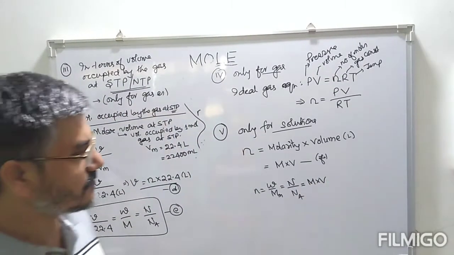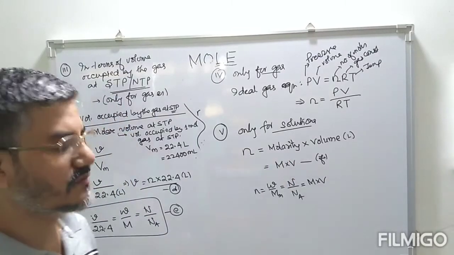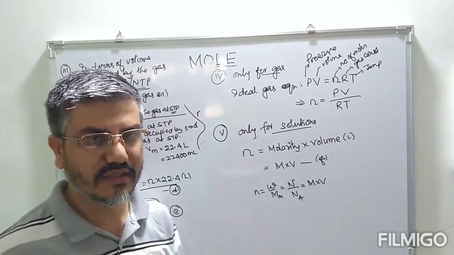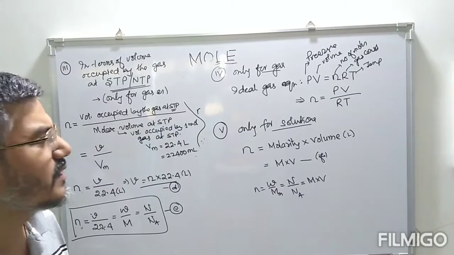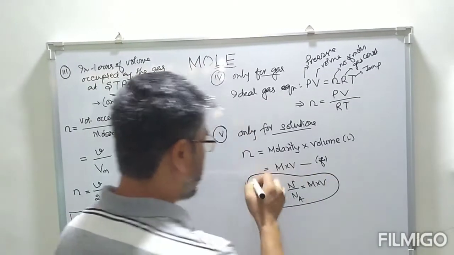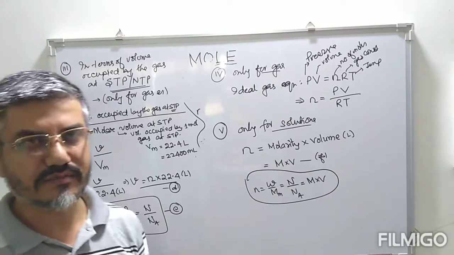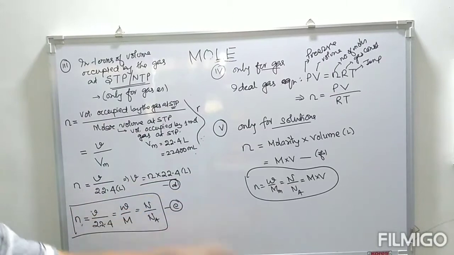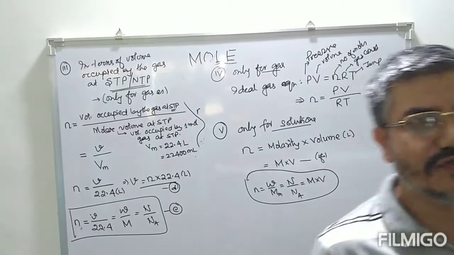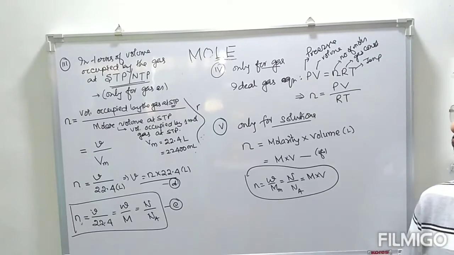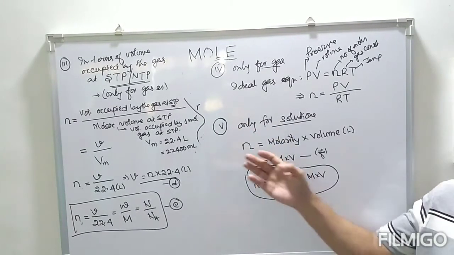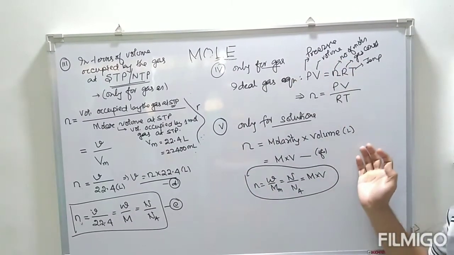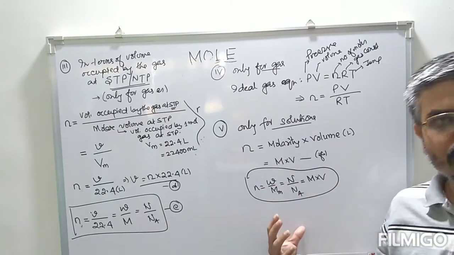If we have to find the concentration, then concentration can be defined as number of moles divided by volume of solution measured in terms of liter. So this is how we convert from one term to another by use of these definitions. These are the ways by which we can calculate the number of moles of any given substance in terms of mass, number of particles, volume occupied by the gas, or pressure, volume, temperature, or the concentration of solution.